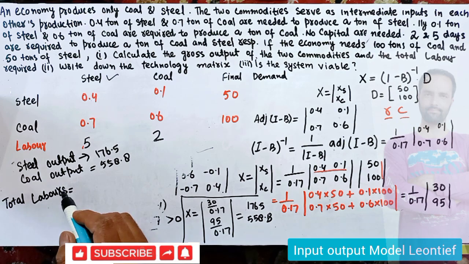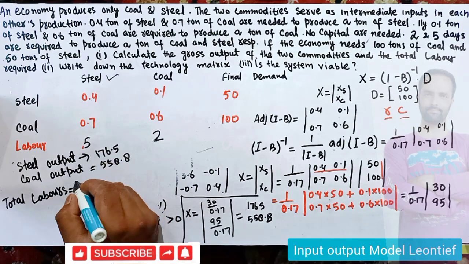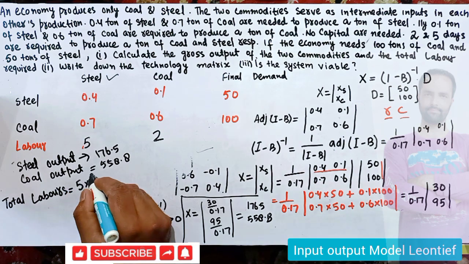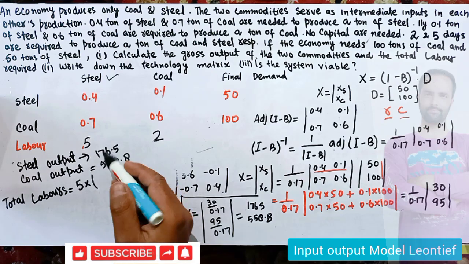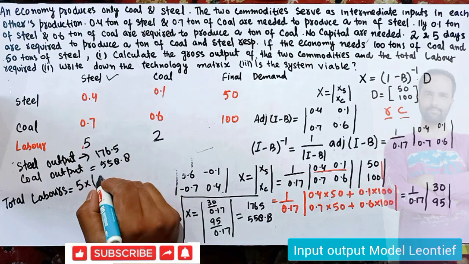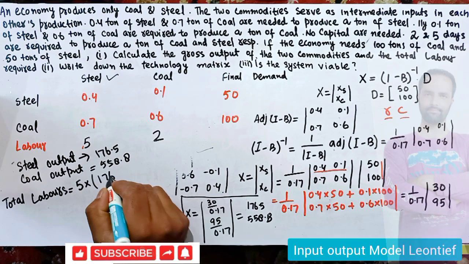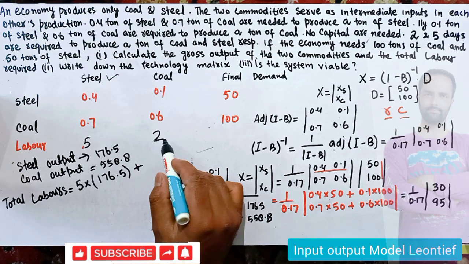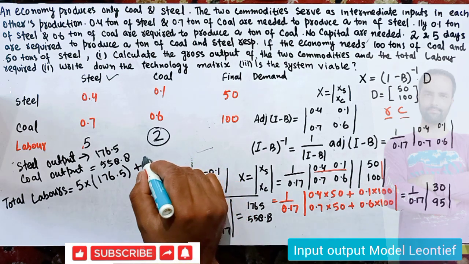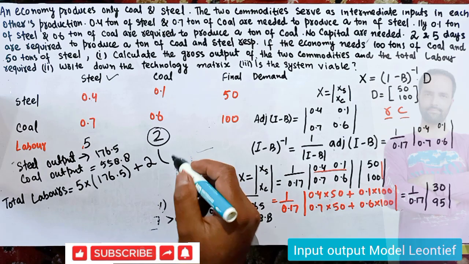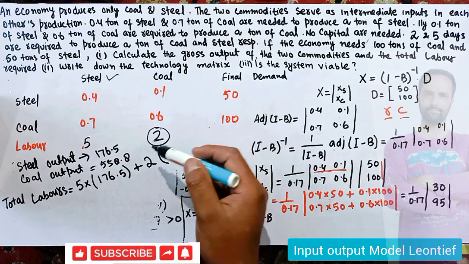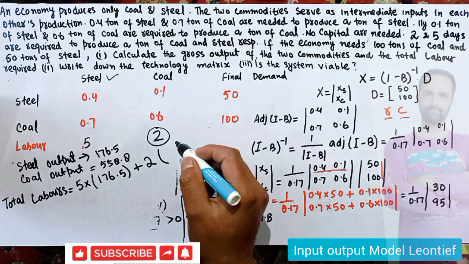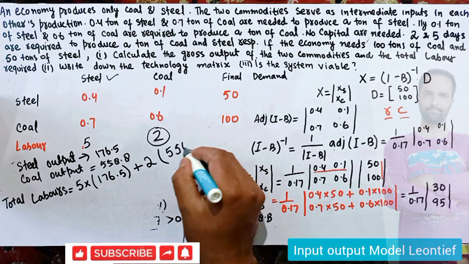So total labor will be equal to the number of labor days, that is 5, into the number of tons of steel output produced, that is 176.5, plus the number of labor days required to produce 1 ton of coal into the number of tons of coal produced, that is 558.8.